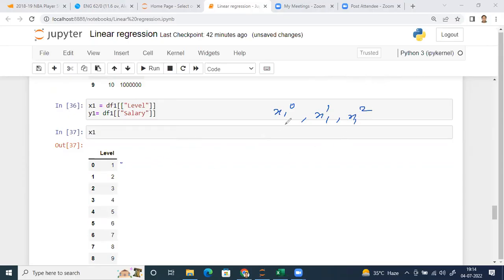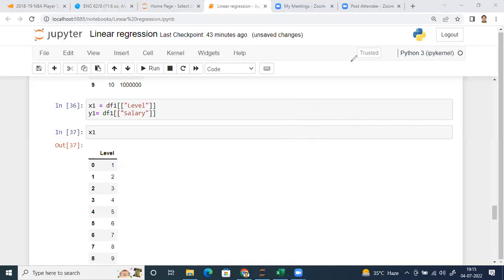So 1 to the power 0 will be 1, 1 to the power 1 will be 1, 1 to the power 2 will be 1. Next, 2 to the power 0 will be 1, to the power 1 will be 2, to the power 2 will be 4, right? Let me check at the downside.